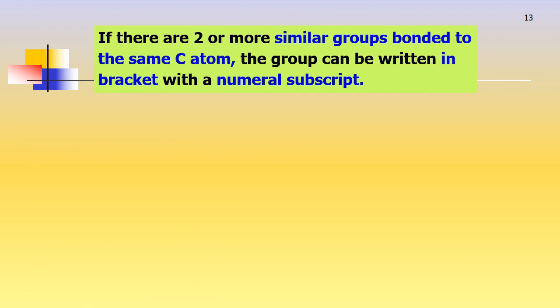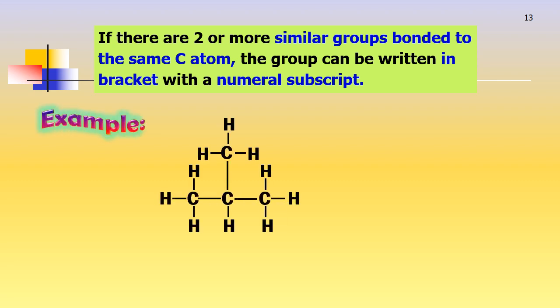If a compound has two or more similar groups bonded to the same carbon, the group can be written in bracket with a numeral subscript. Let's take a look at this expanded structure of a compound. In this structure, there are three CH3 groups attached to the same carbon.